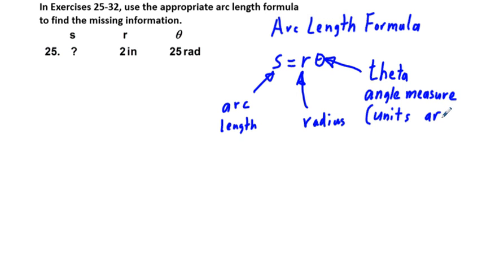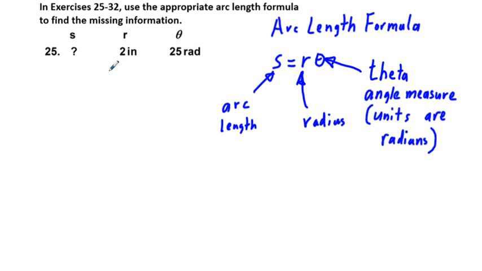The units are another unit called radians. And a measure of an angle of a radian, a single radian, is the distance of one radius.